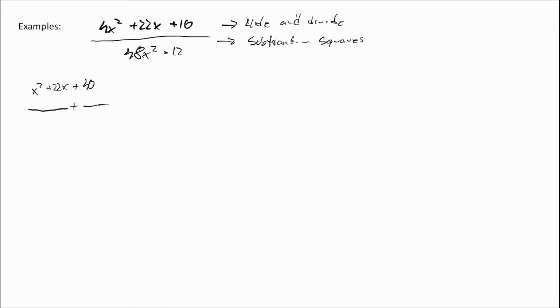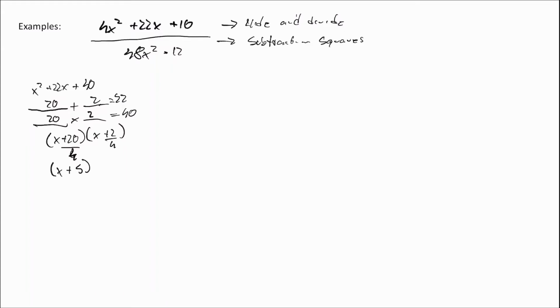So now I use my sum and product. My answer for this will be 20 and 2. So 20 plus 2 is 22, 20 times 2 is 40. So then x plus 20, x plus 2. And then I divide by 4, which is my a value, which will get me x plus 5.